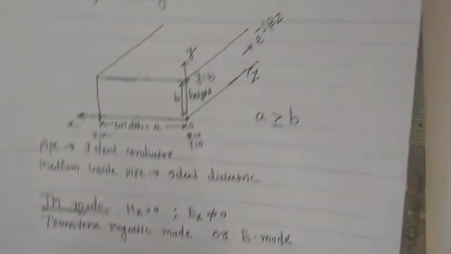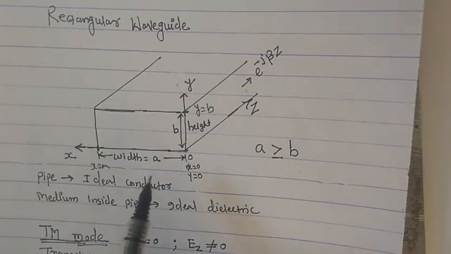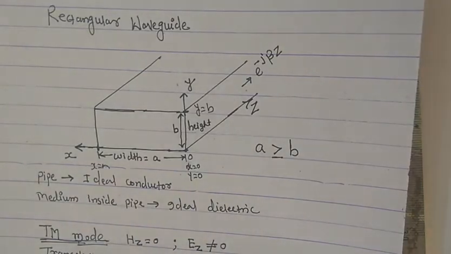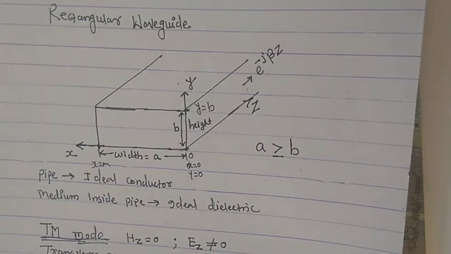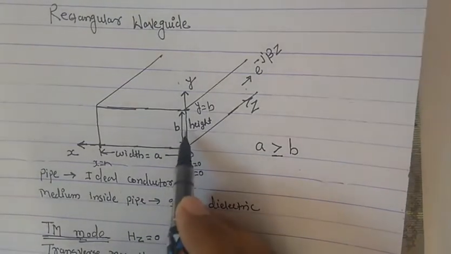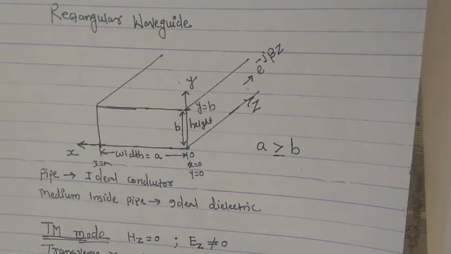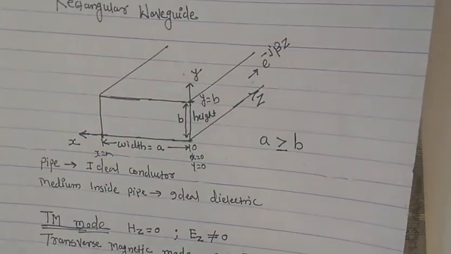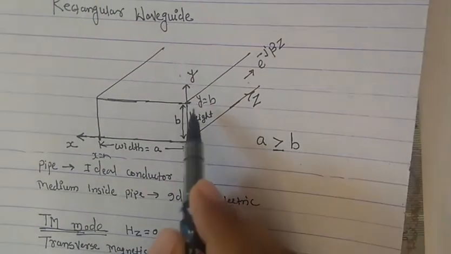So we said that Ez is tangential to all waveguide walls, and then we used the boundary condition for the tangential component of electric field at the conductor dielectric interface, that is, the tangential component is 0. So Ez is 0 at all these boundaries, x equal to 0, x equal to a, y equal to 0 and y equal to b.